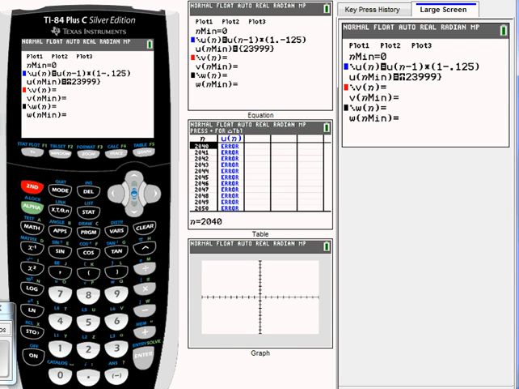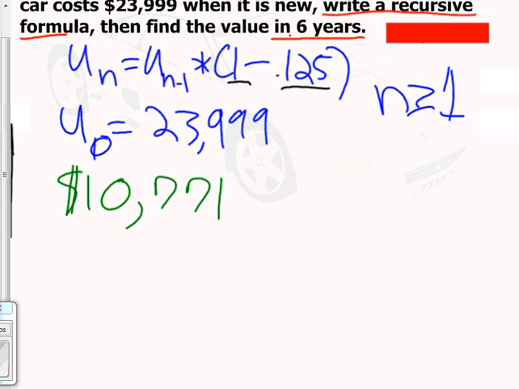So let's take a look at our table here and see what this will tell us. Oh, you know what? I didn't change my table set from last time. So this is going to be real mad at me. But yeah, whose calculator looks like this here? Awesome. And then what'd you get for your value for 6 years?